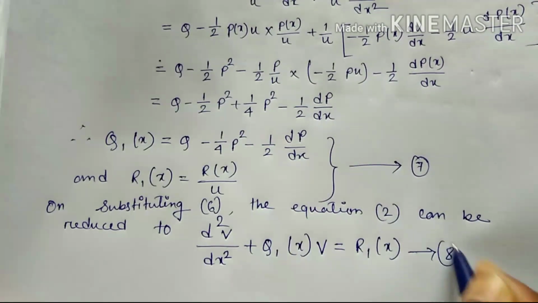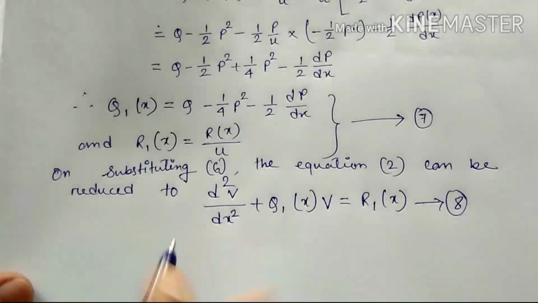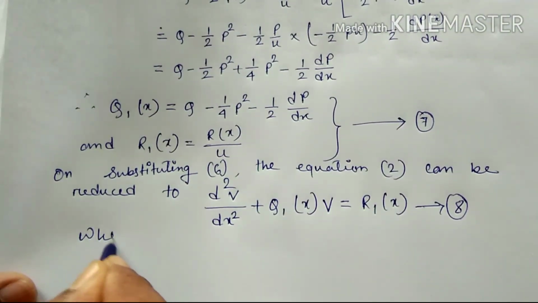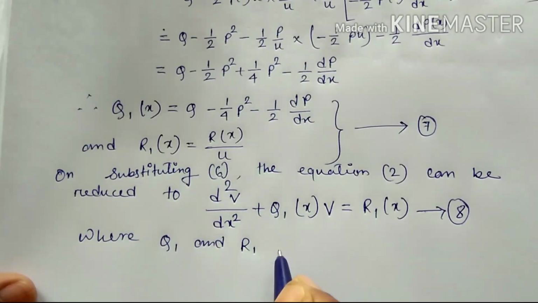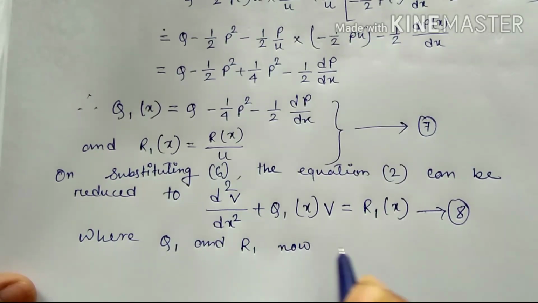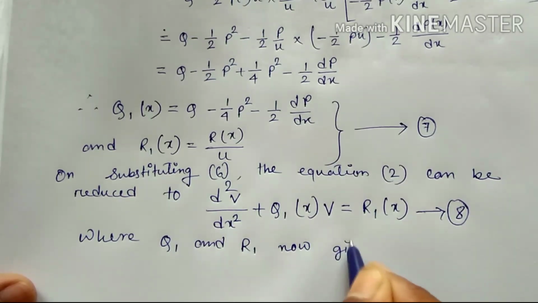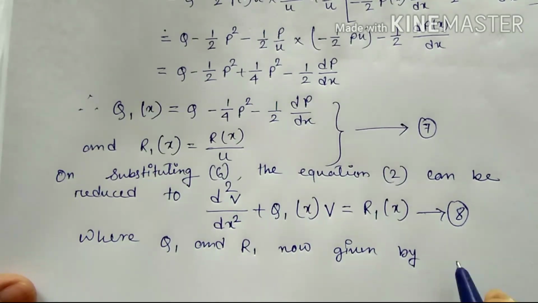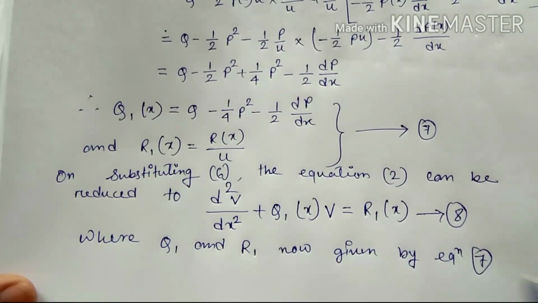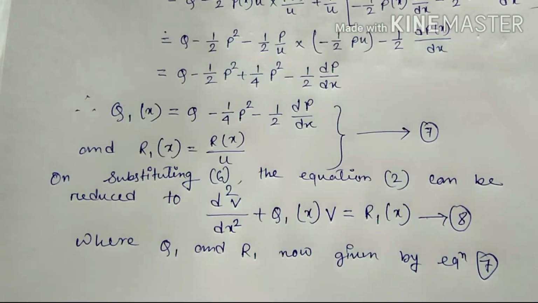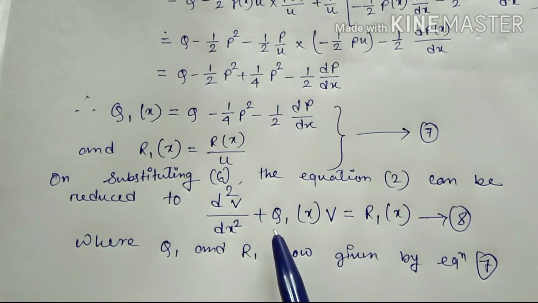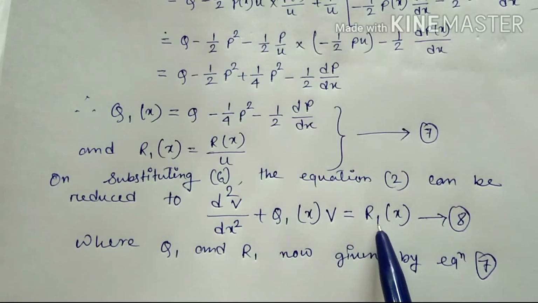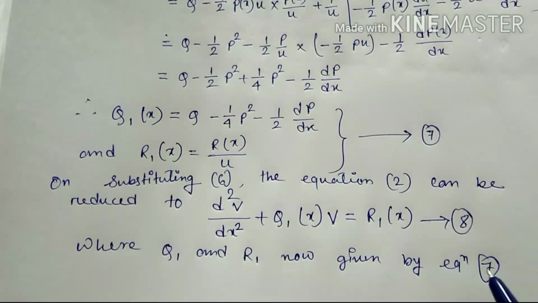We denote this equation 8, where q1 and r1 are given by equation 7. Now we have removed the first derivative. The new equation is d2v upon dx square plus q1 of x into v is equal to r1 of x. This is the result.